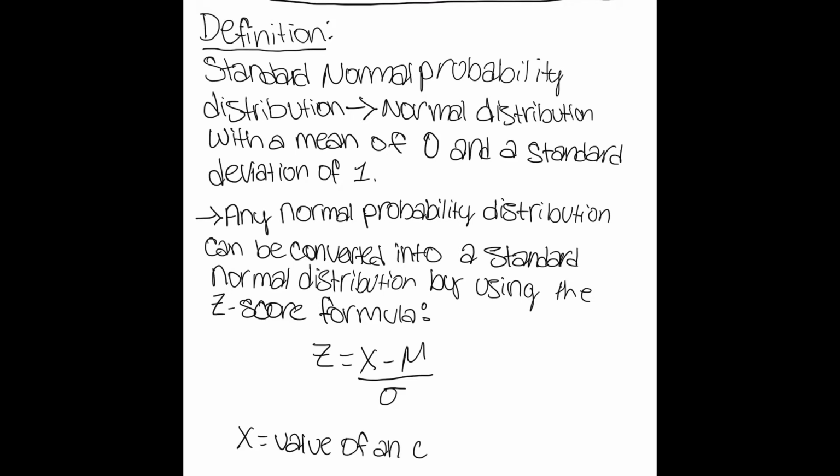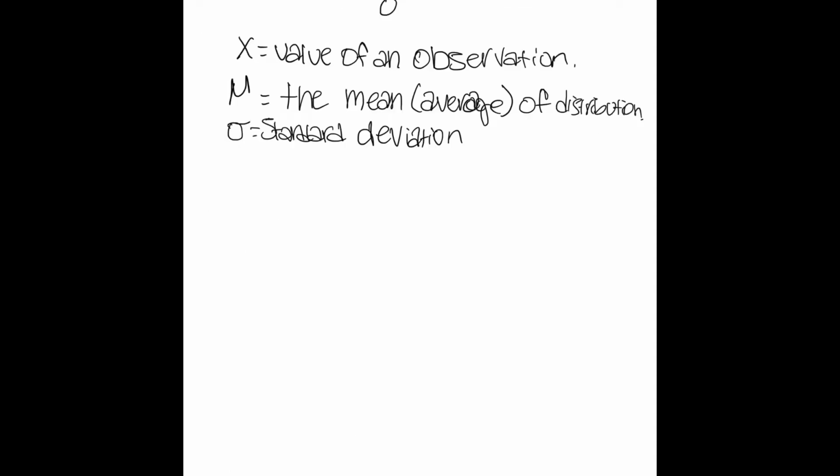Mu is equal to our mean of the distribution. And sigma is going to be the standard deviation of the distribution. Okay, so now that we have defined those Greek letters, let's take a look at an example today.